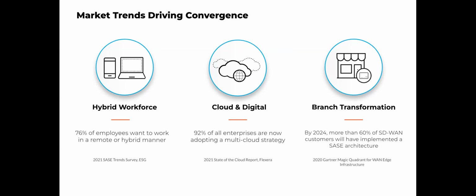Based on what we are noticing, significant transformation is occurring in branch deployments as well. Our conversations with analysts and public reports show that enterprise customers are now seeking to evolve their SD-WAN deployments into a unified and converged SASE architecture. These market trends are driving convergence and establishing SASE as the mainstream approach.